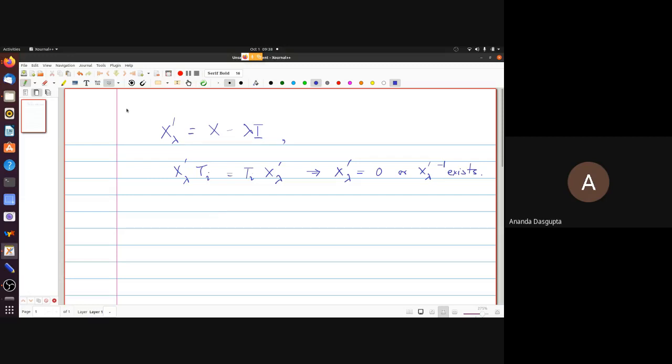But what we're saying is that if in particular we choose, now we make a choice. Up to now, lambda could be any number, and we have these two possibilities. As long as you choose lambda to be any number, these are the two possibilities. And in general, if you arbitrarily choose a lambda which is not an eigenvalue, then x prime lambda inverse will exist.